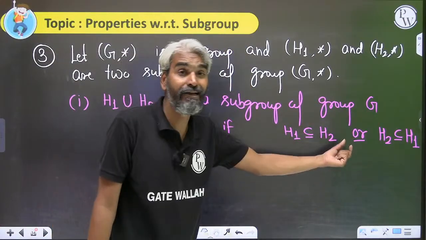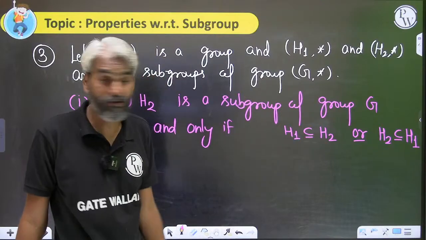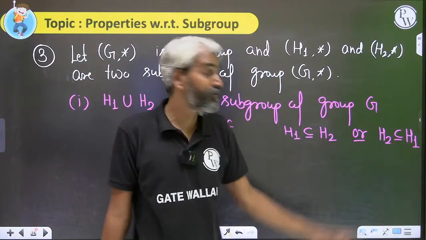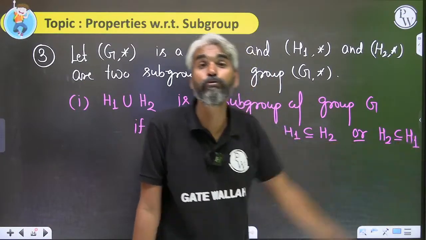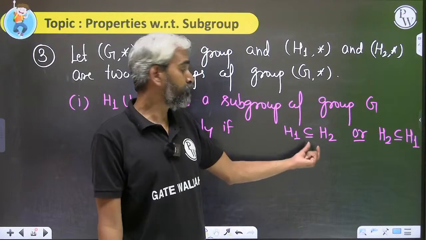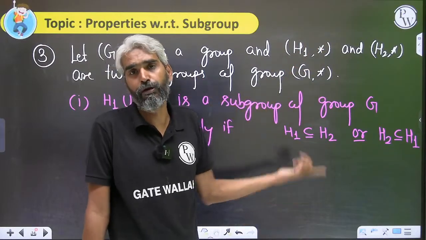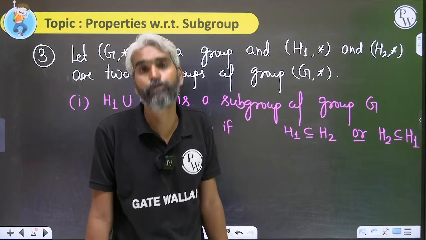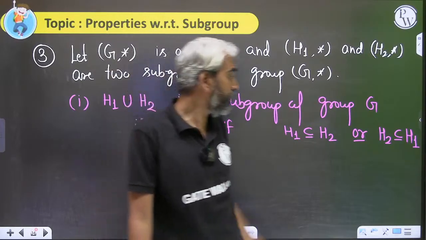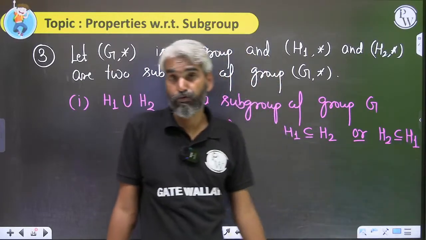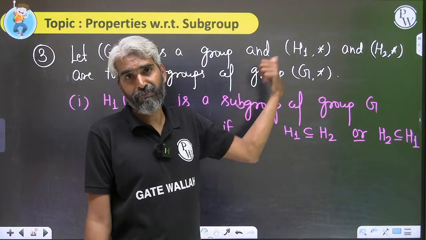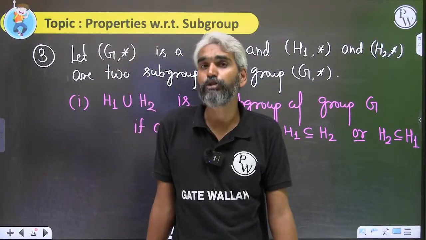If H1 is contained in H2, then H1 union H2 equals H2, which is already a subgroup. If H2 is contained in H1, then H1 union H2 equals H1, which is already a subgroup. Therefore the union will also be a subgroup.